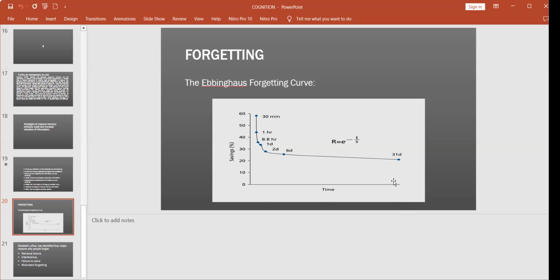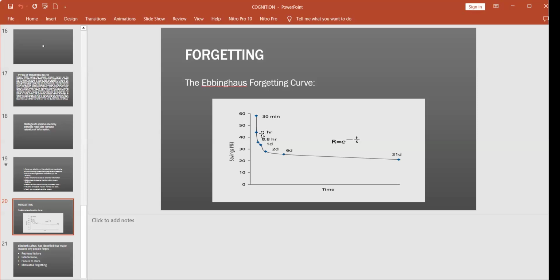According to the Ebbinghaus curve, once information is learned, when you teach your students something, in 30 minutes they remember only 60% of what you have taught them. 40% is lost in the first 30 minutes of teaching and learning.